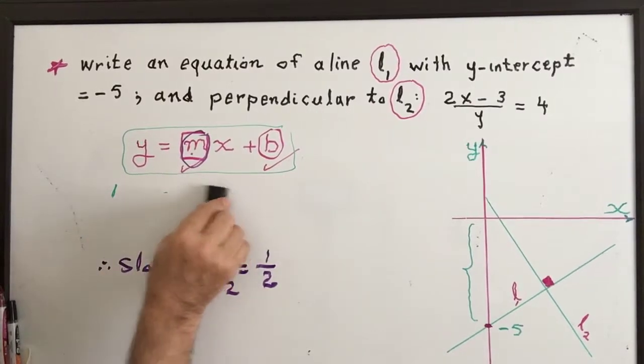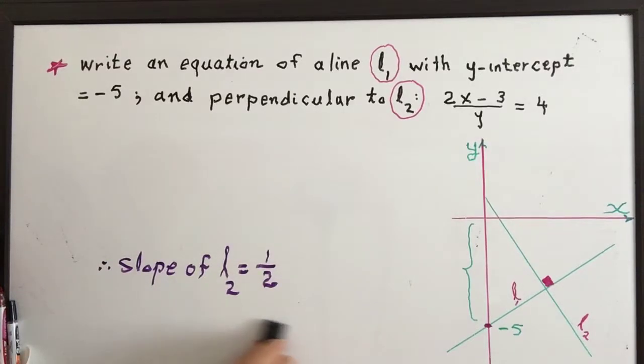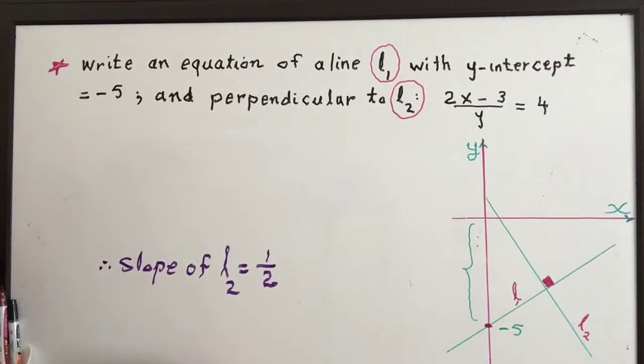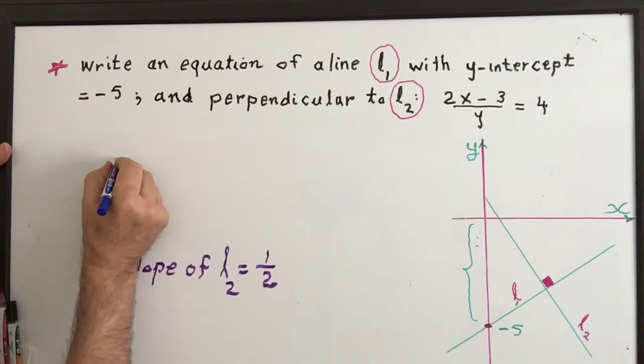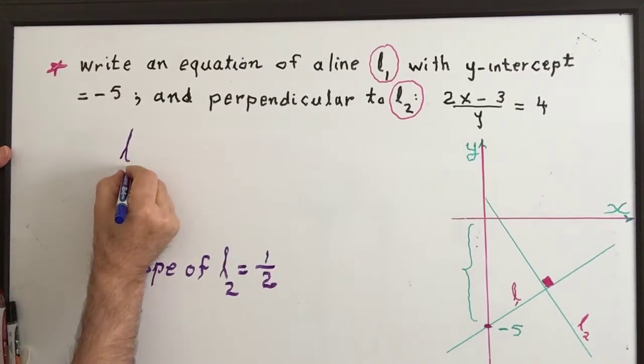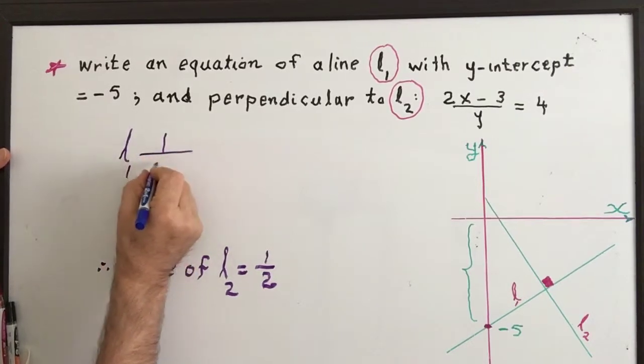How? We know the relation between two perpendicular lines. Just reminding, L1 is perpendicular to L2.